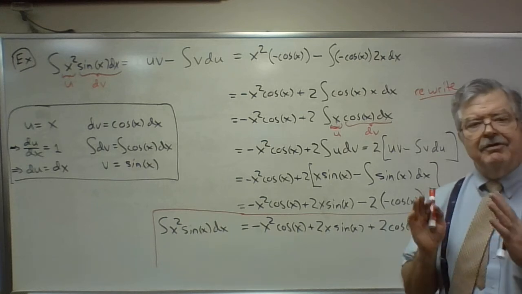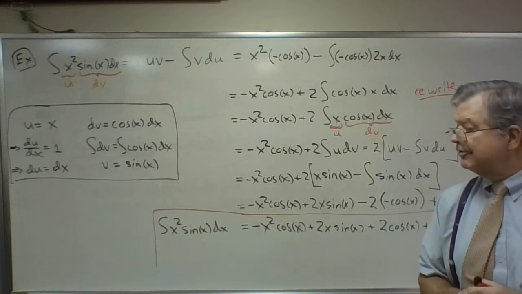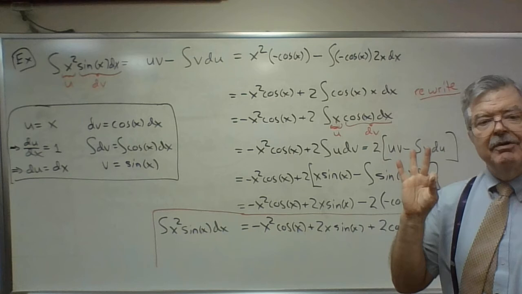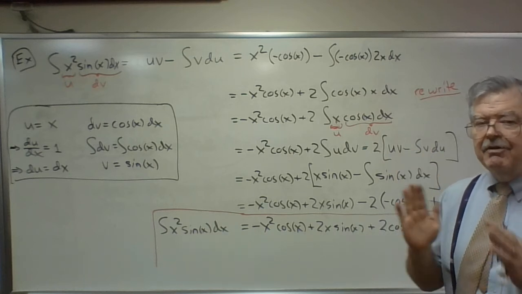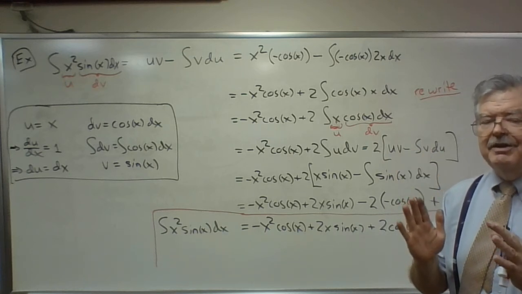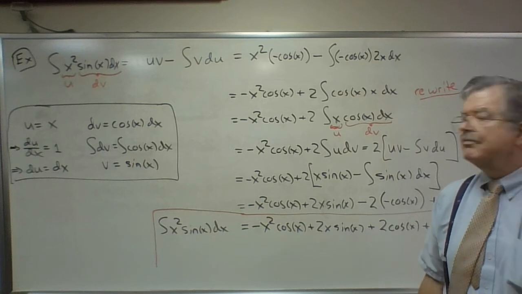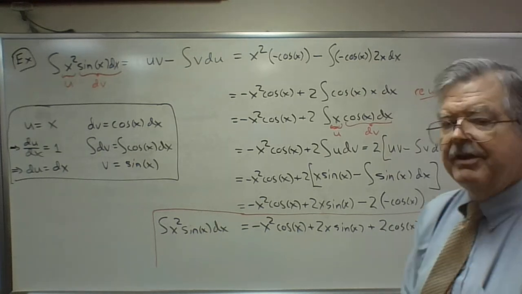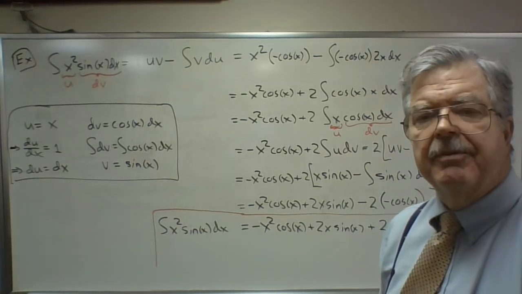Sometimes we will have to do the process more than once. The third rule of thumb tells us, don't switch roles of u and dv in midstream. So that was educational. Let's go a little bit further.